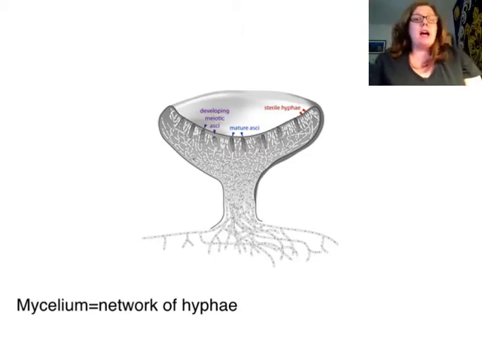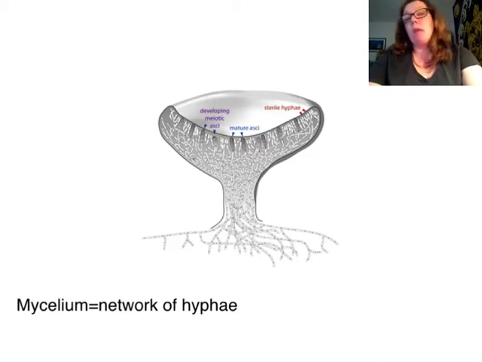So let's dive into fungus, and before we dive into their cells, we have to talk about how the fungus actually operates. What you see in front of you is a picture of a fungus. This could have been a mushroom, it could have been any number of fungi. This one, the cap is pointed up.